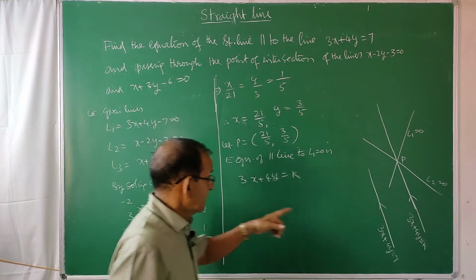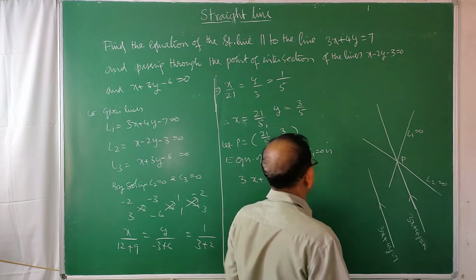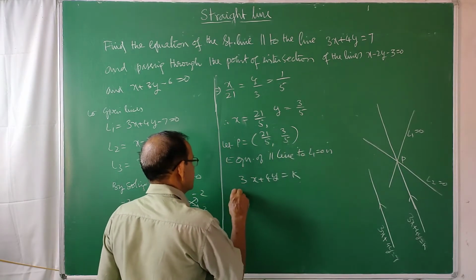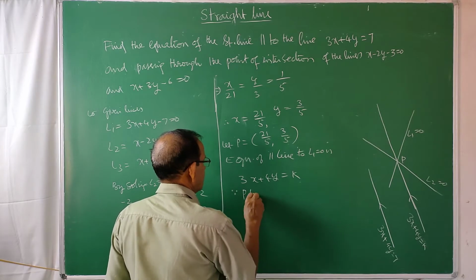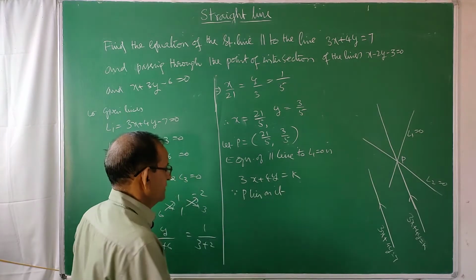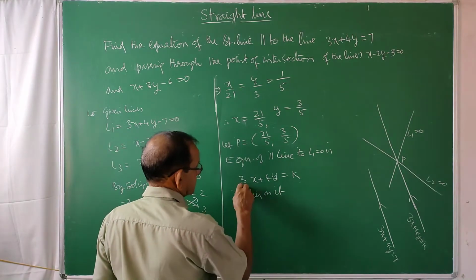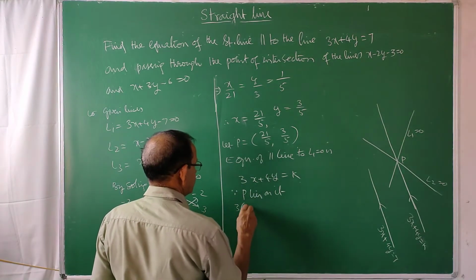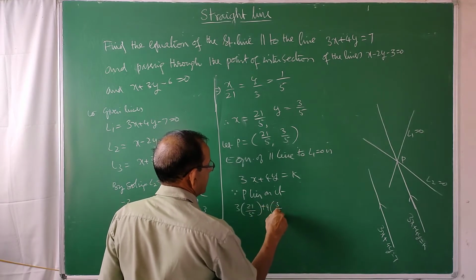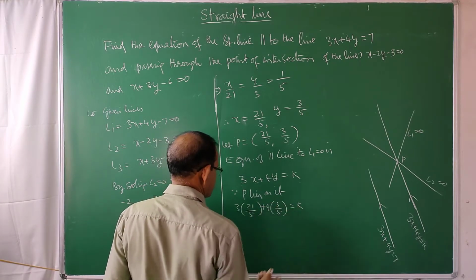But this line is passing through P. That means substitute the coordinates of P in this one. Since P lies on it, you will get 3 into 21 by 5 plus 4 into 3 by 5 is equal to k.